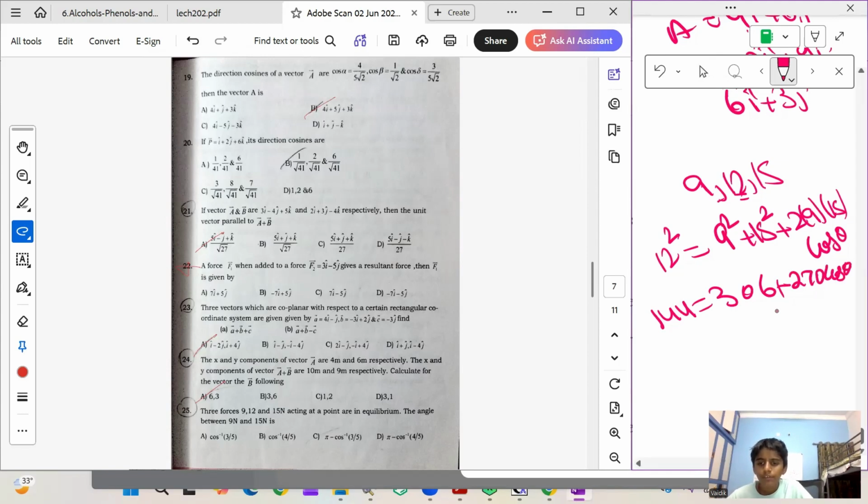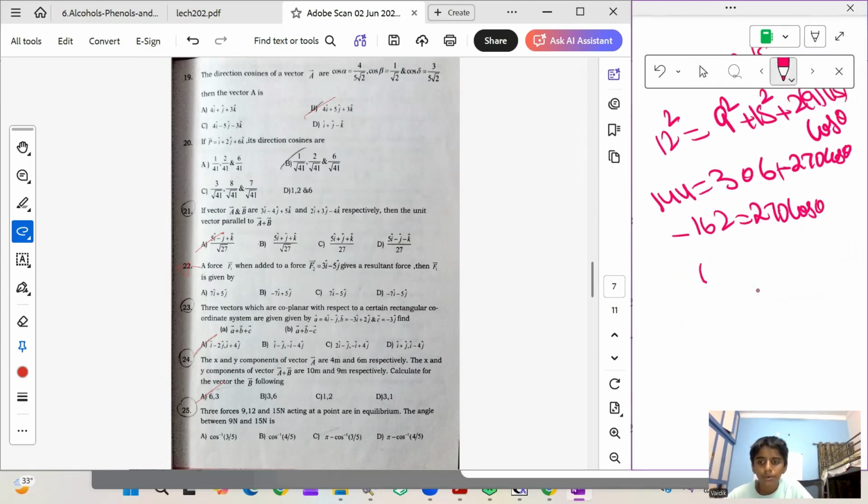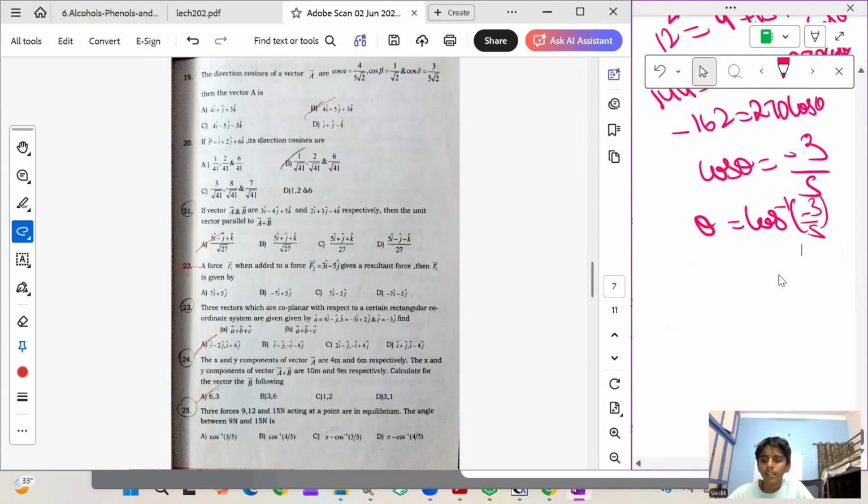If we subtract, we get minus 162 equals 270 cos theta. Cos theta equals minus 3 by 5. So theta equals cos inverse of minus 3 by 5. Cos inverse of minus x can be written as pi minus cos inverse of x. So pi minus cos inverse of 3 by 5, which is option C.